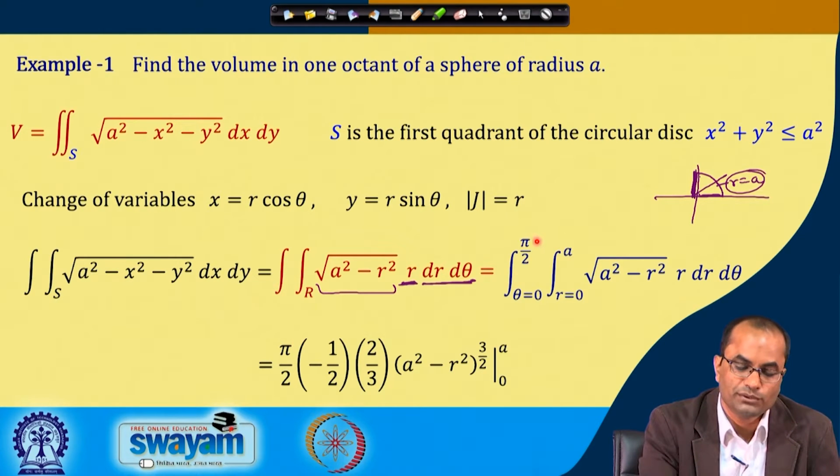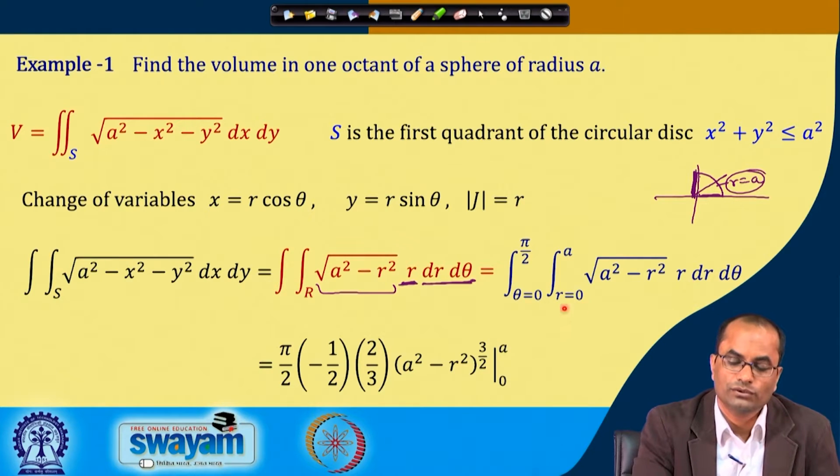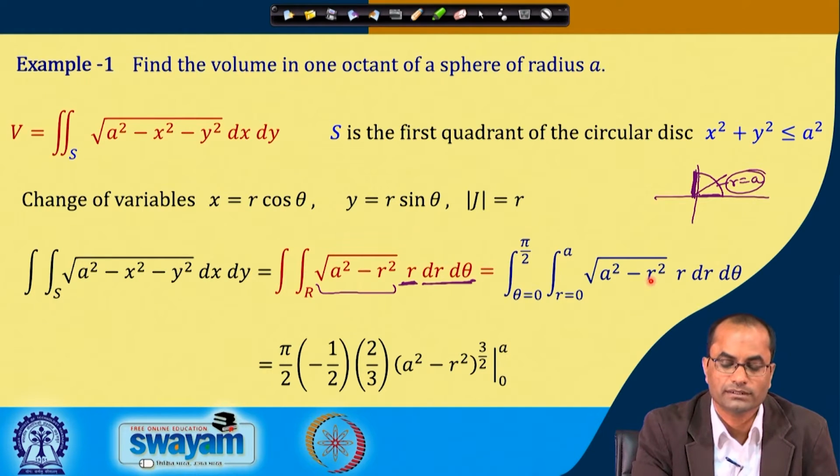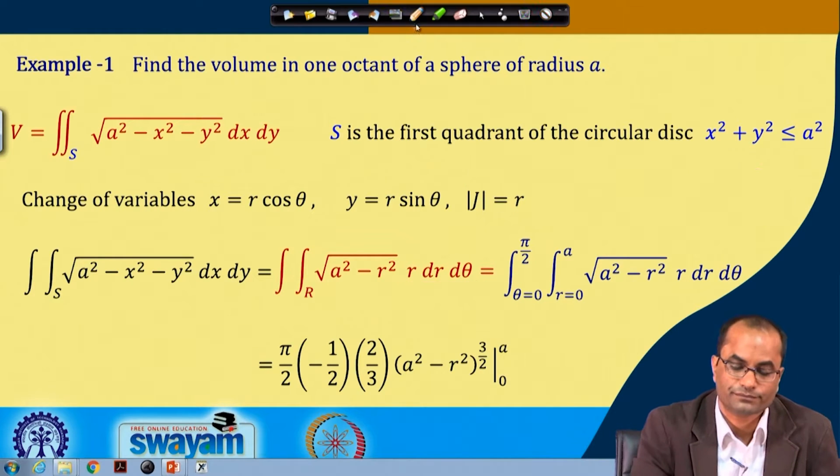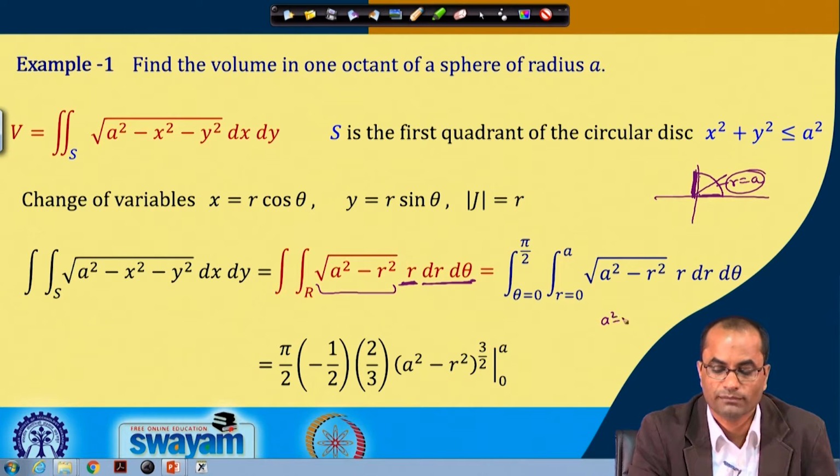We have pi by 2 finally from the outer integral, because there is no theta in the integrand. So, we will get pi by 2 from the outer integral, the minus half factor from the integral will come, and then the integral will be this 2 by 3 and a square minus r square power 3 by 2.